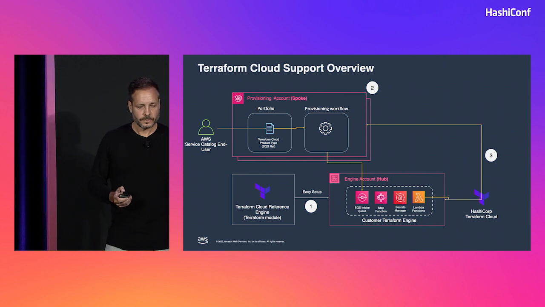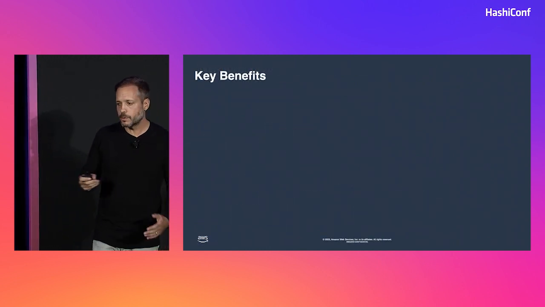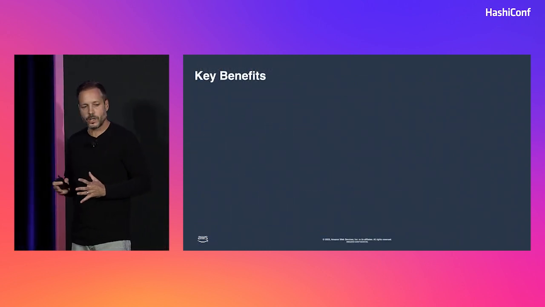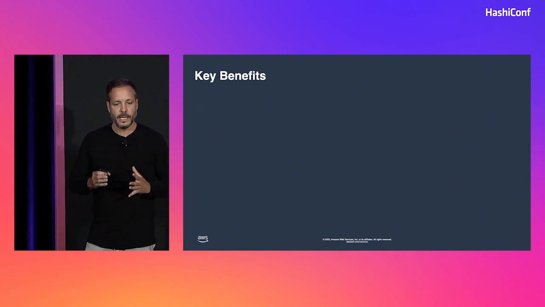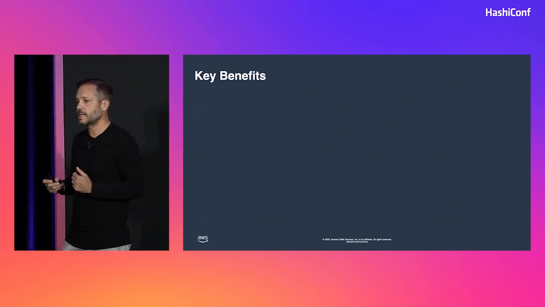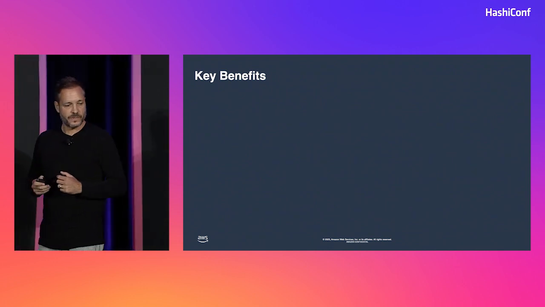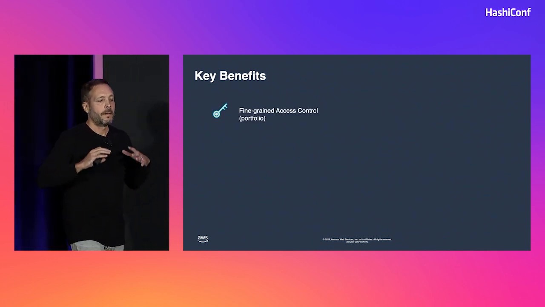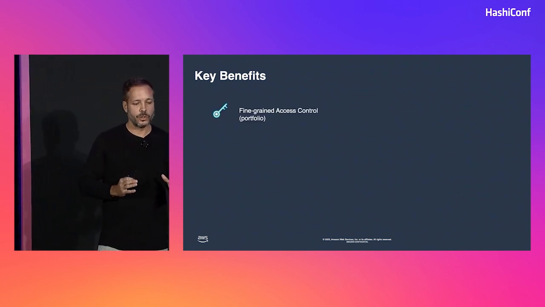All right. Now, a really quick recap on the key benefits of the feature and the capabilities that you're going to get with this feature. So, access management control with portfolio.